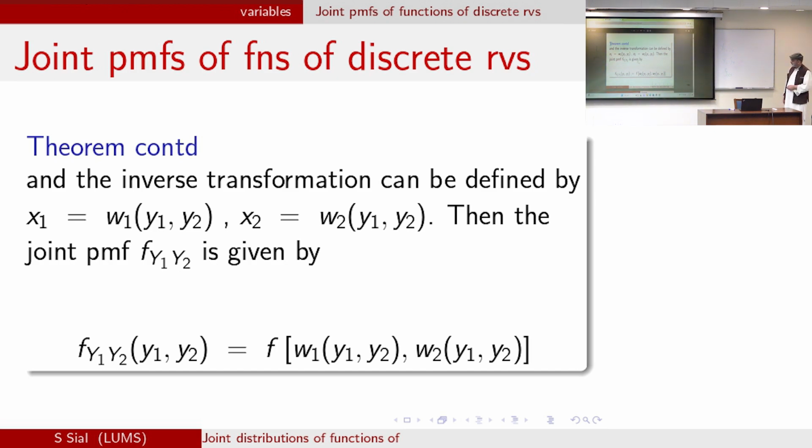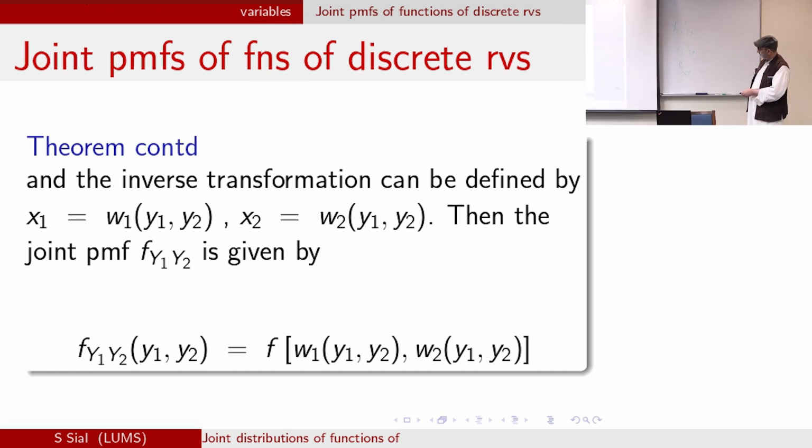Then the joint PMF, supposing you already have the joint PMF for x1 and x2, which we're calling f here, for y1 and y2 is found by taking the joint PMF for x1 and x2, and where you see x1, you replace it by w1 of y1 and y2, and where you see x2 in the original PMF, you replace it by w2 of y1 and y2.